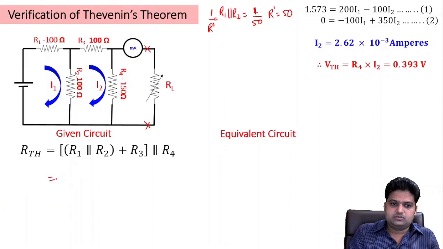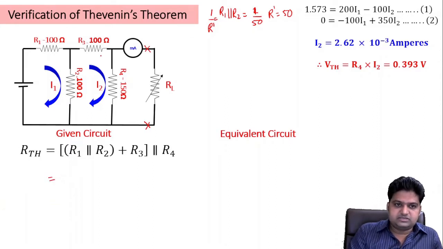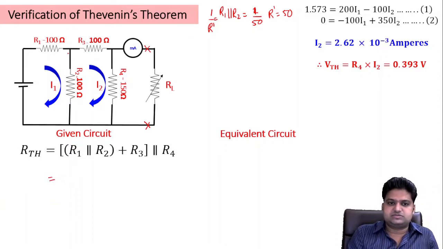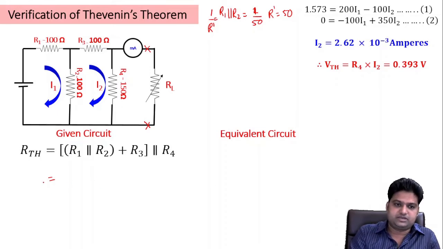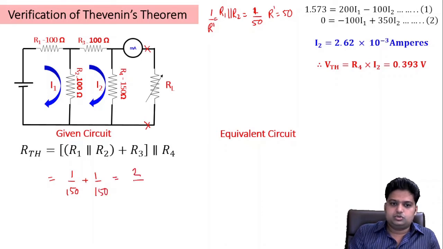Now these all three resistances, which are 150, are parallel to this R4, which is 150, right? So we write 1 upon 150 plus 1 upon 150, which is equal to 2 upon 150, which is equal to 1 upon 75, correct?